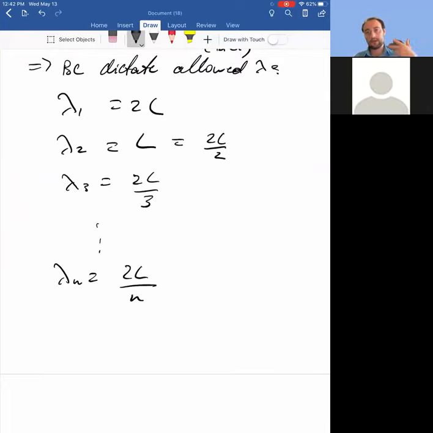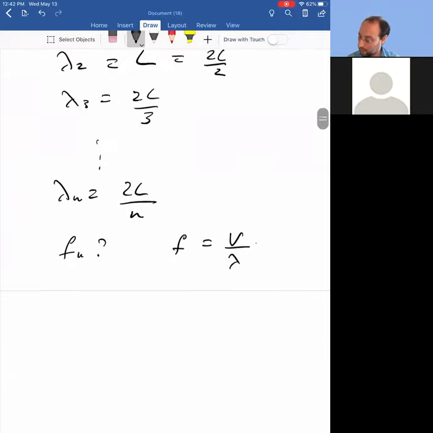And what about the frequency? Well, the frequency equals speed divided by the wavelength, so the nth frequency equals v over 2L times n.